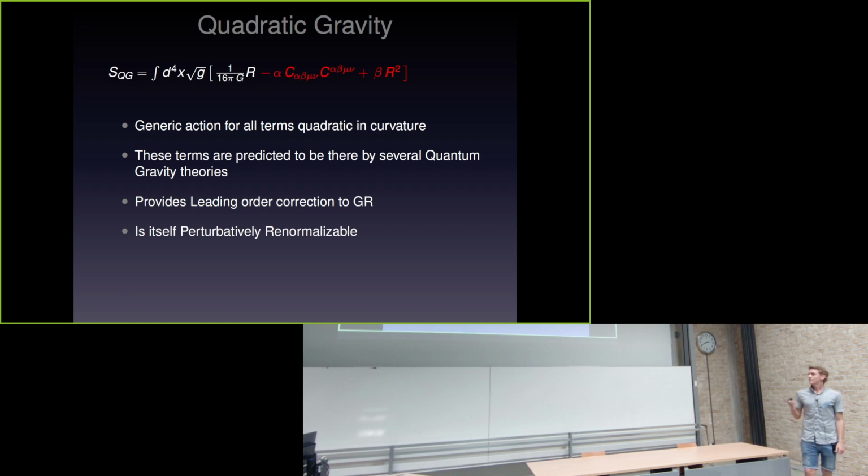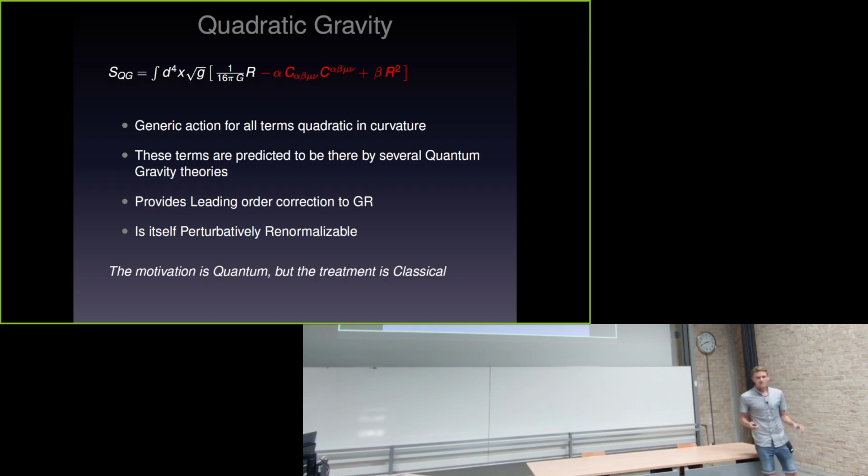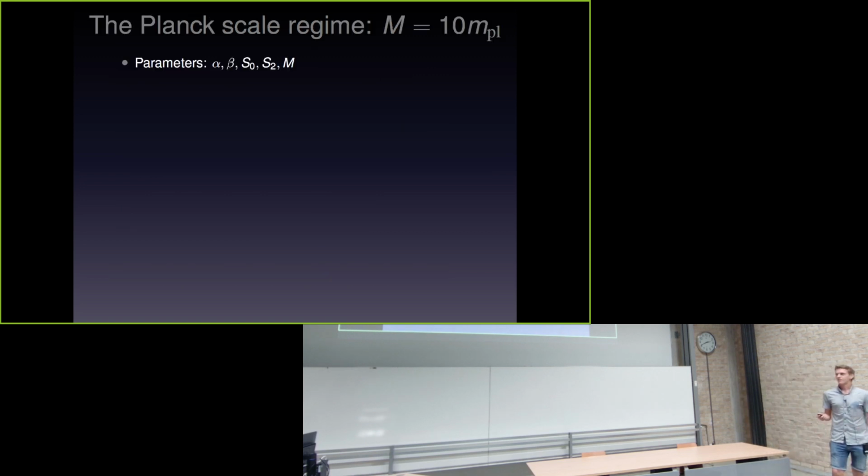And the terms that are quadratic are naturally expected to be the ones that will have the biggest impact. Okay, so to summarize, the motivation is quantum, but the treatment will be classical, purely analogous to GR.